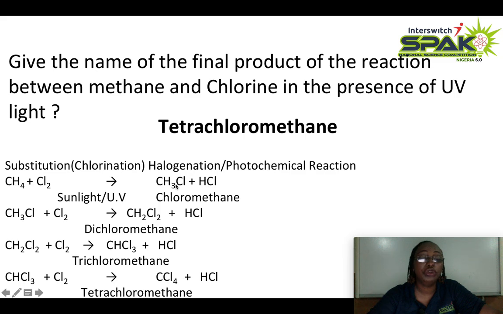All hydrogens will be replaced or substituted. The first reaction will give chloromethane, the second dichloromethane, the third trichloromethane, while the last one will give you tetrachloromethane, which is used as a solvent in the laundry industry.